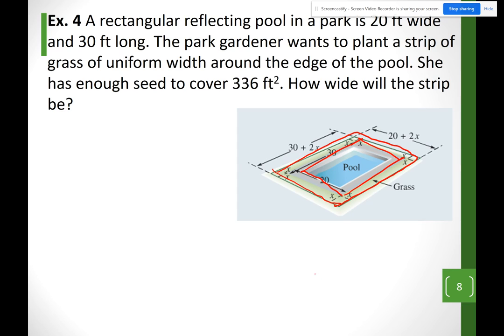Okay, so let's take a look from the top. If I was to look from the top, I have a pool. This is what we mean. We have a pool, and it's 20 by 30. We're going to add some grass all the way around it. The width of it is x.